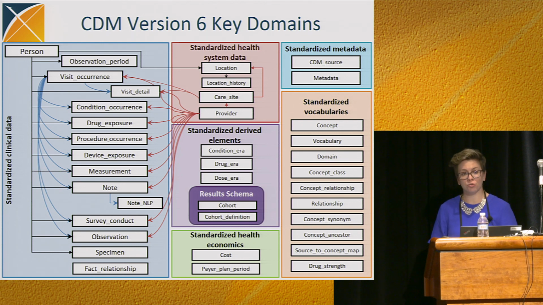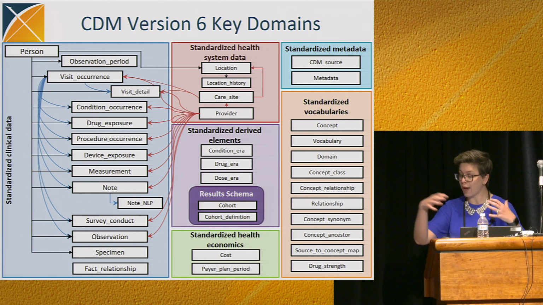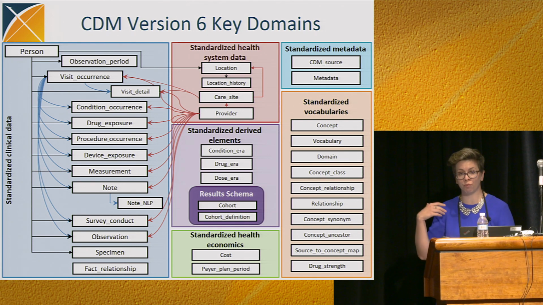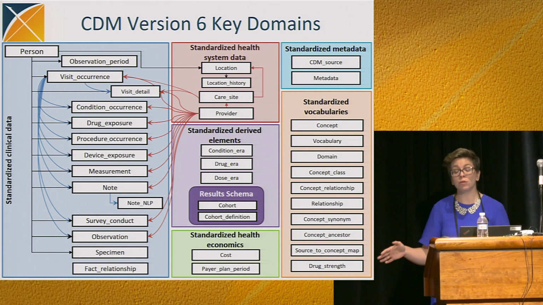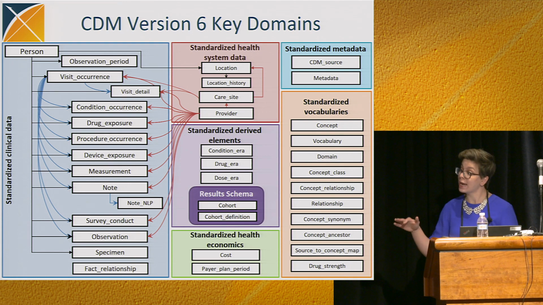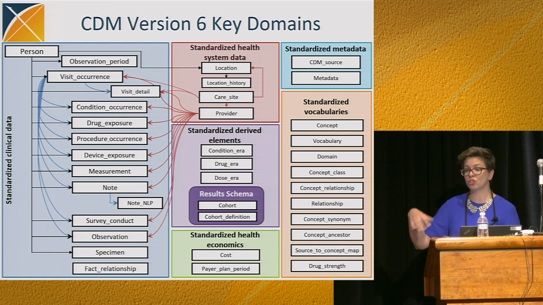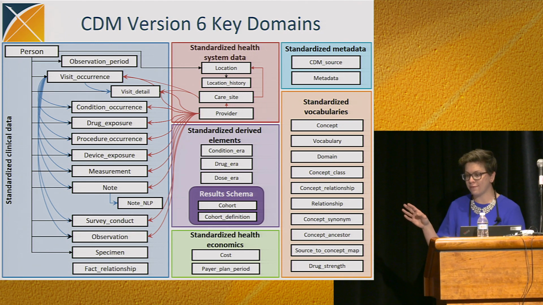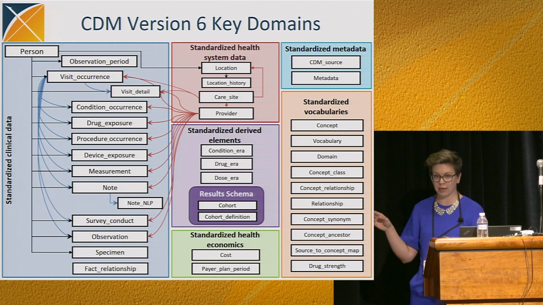There are also standardized derived element tables. So with these tables, we take the data that we've populated in the CDM and then derive some information. Later in this presentation, I'll talk a little bit about the drug era specifically and how we're deriving information from drug exposures to create the drug era table. Additionally, within these derived tables, we have something called the results schema.